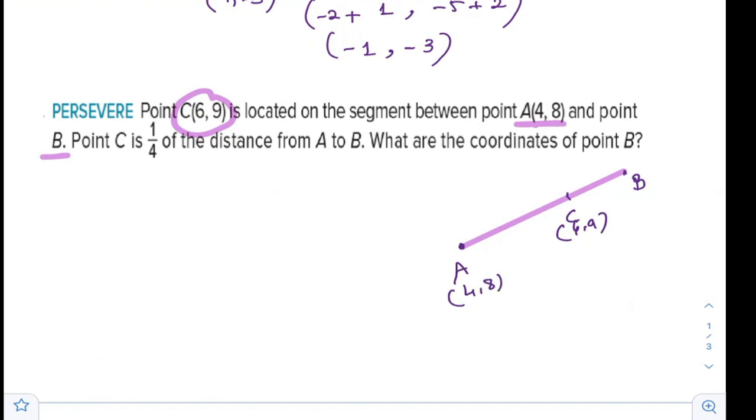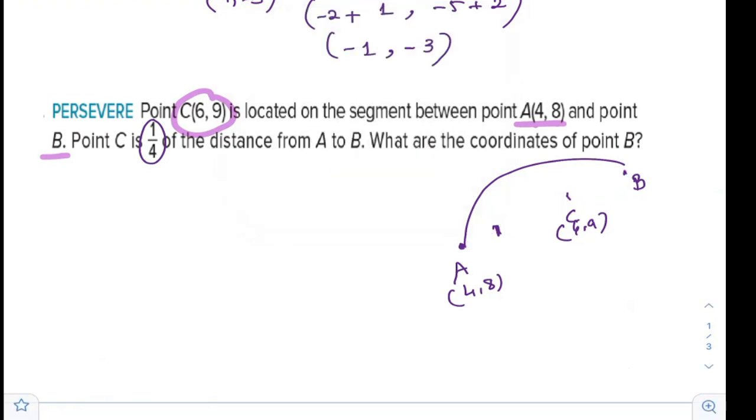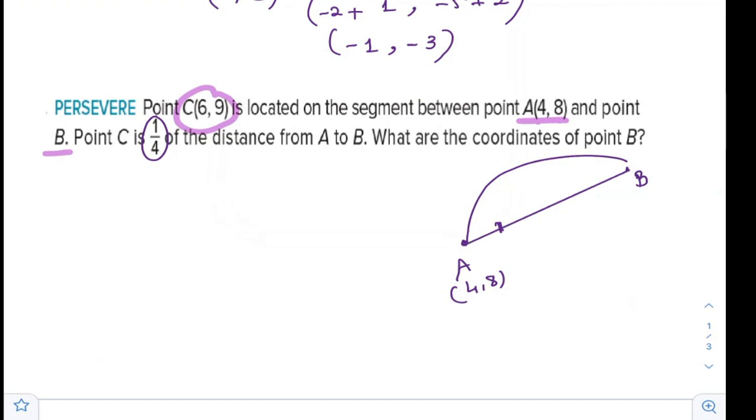B is still not known. Point C is 1 over 4 of the distance from A to B. And it should be somewhere here then. Something like this. We are estimating. C is (6, 9).